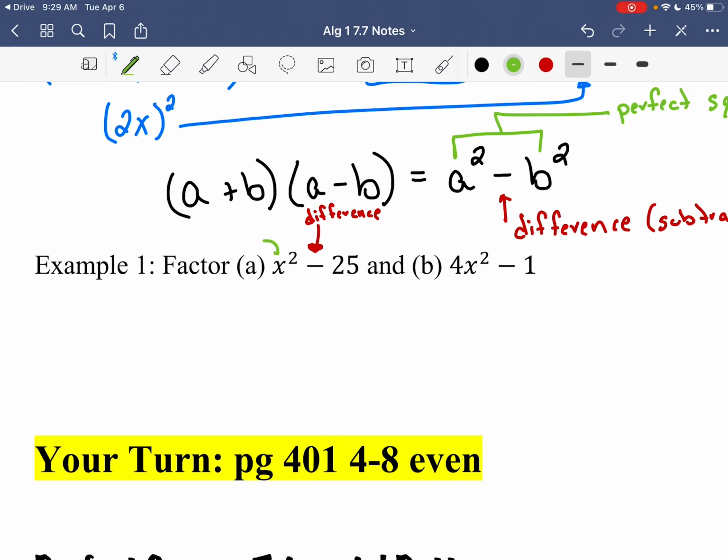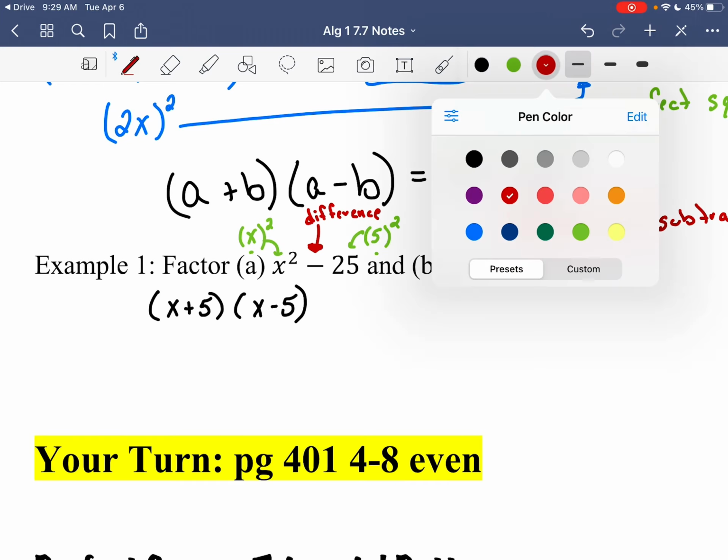Sure, this is the square of x, x squared, and this is the square of 5, 5 squared. So it's going to factor into x plus 5 times x minus 5.